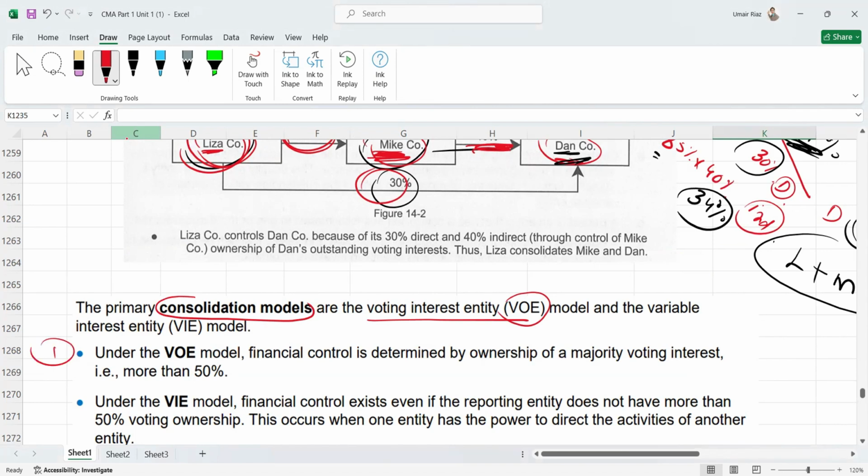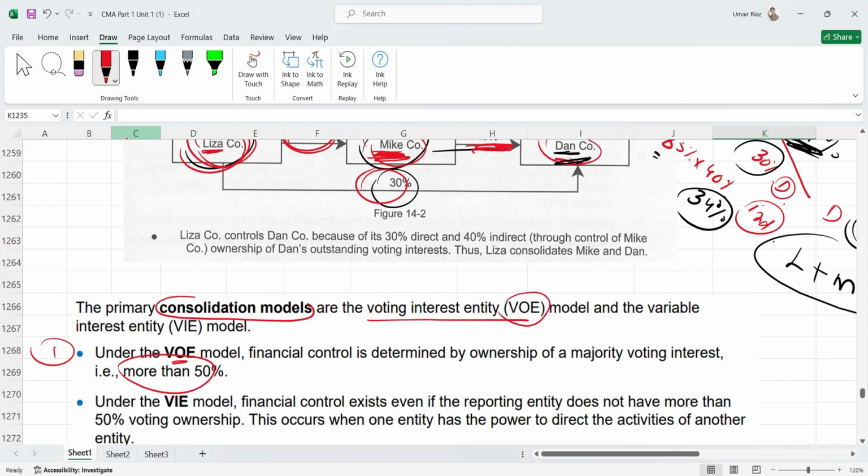The voting interest entity model means the parent has more than 50% of voting interest in another company. Due to this more than 50% of voting interest, consolidation is required. So this is what is called the voting interest entity model.